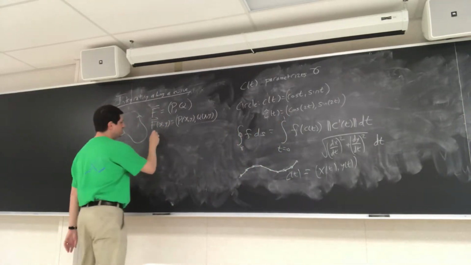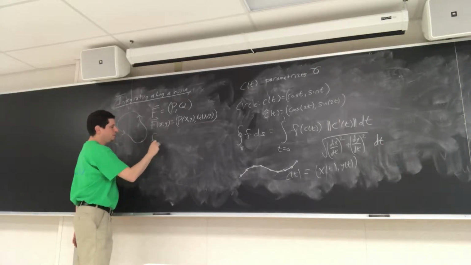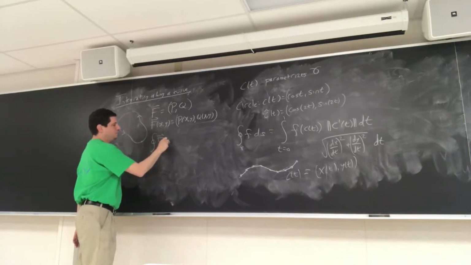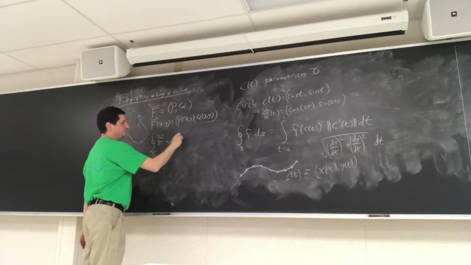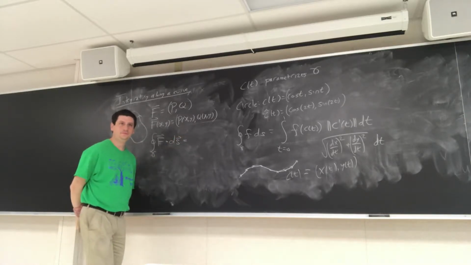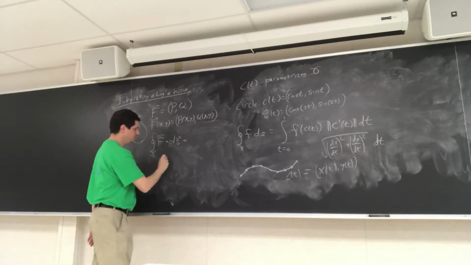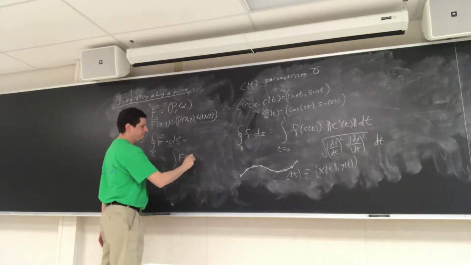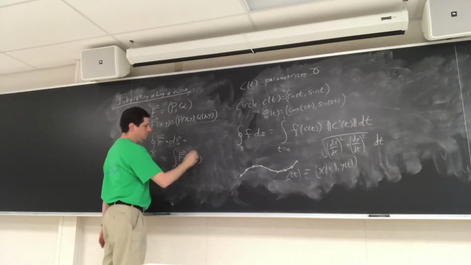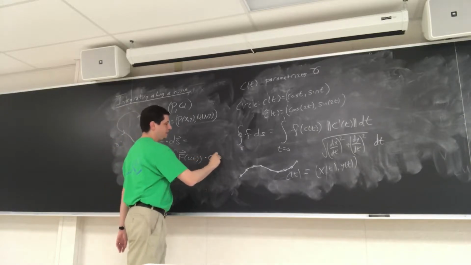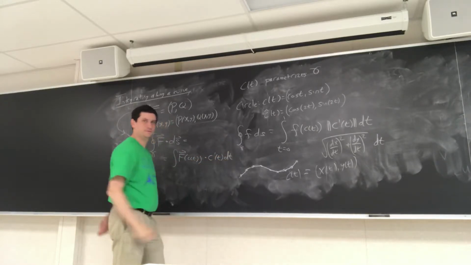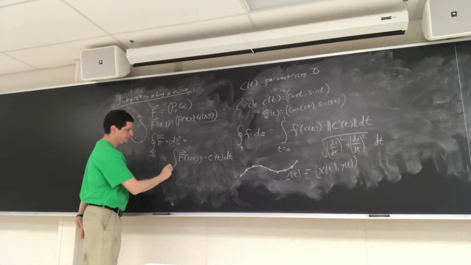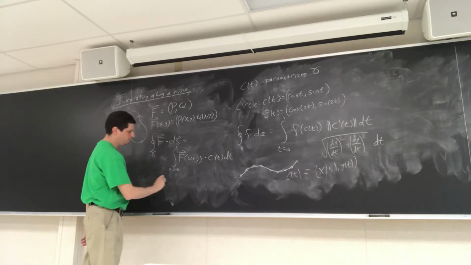And then what we would have is the integral along our curve of F dotted with ds would be the integral of F of c of t dotted with c prime of t dt. Say t goes from 0 to 1.